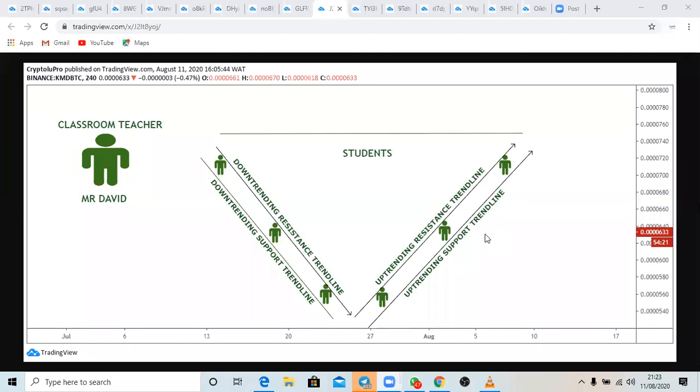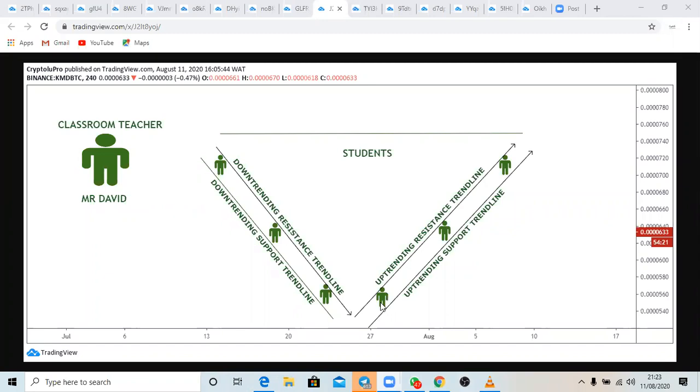Now for retest, when the fourth student broke out, like I said earlier, if the fourth student decided to come back to that line, maybe to come and greet his friend, the third student, that he's already going, and started going back up.